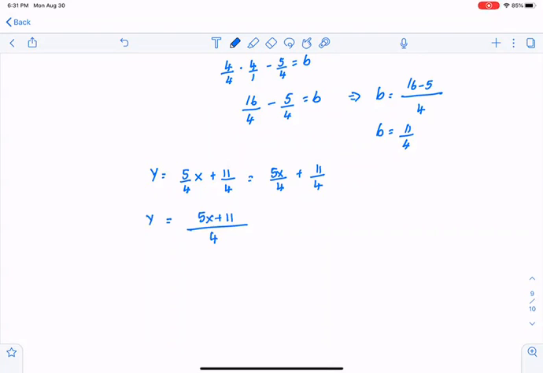So the answer is (5x plus 11) by 4. I can also write this as 1 over 4 multiplied by (5x plus 11). They are one and the same. The second way is nicer compared to the first approach. Now, could you leave the answer in this form? Yes, you absolutely can, but we prefer this form because it is nice and it's factored.